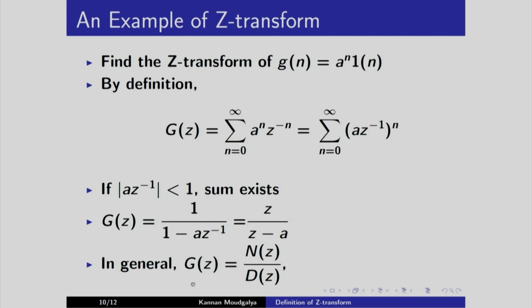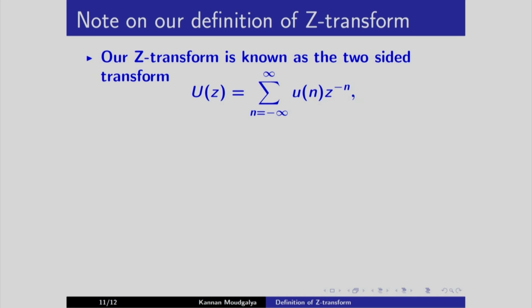But before that, notice that G(z) is in general a ratio of polynomials, n(z) by d(z). We started with a very simple expression, a to the power n into 1(n), but the moment you add them over this index going from 0 to infinity, it becomes a ratio. So in general, the transfer function or Z transform of almost any sequence will turn out to be a ratio of polynomials whenever you have an infinite number of terms.